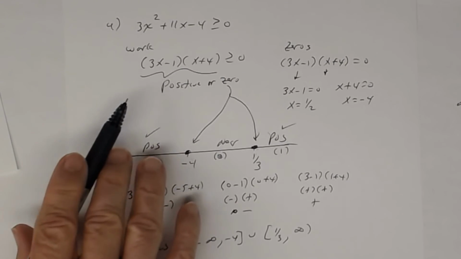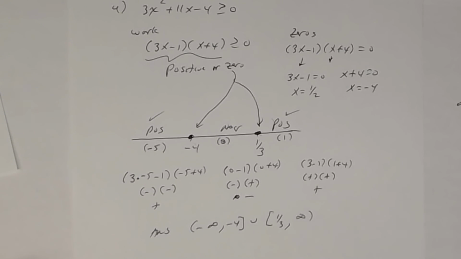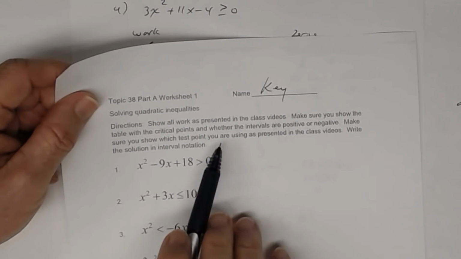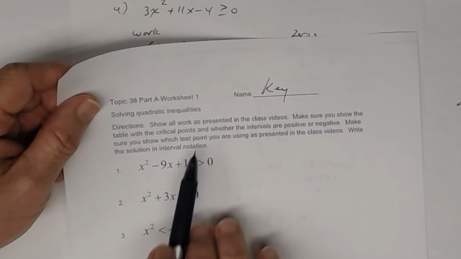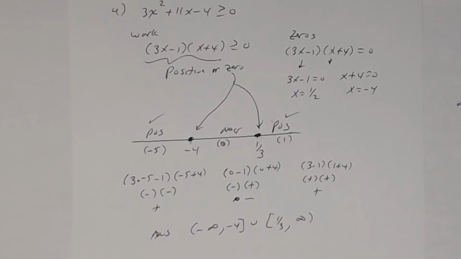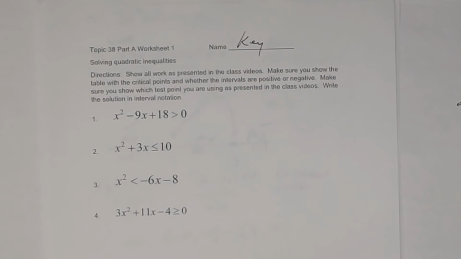And so that's the work. That's the work you had to show if you wanted full credit, because the directions said, and always follow directions, make sure you show the critical points and intervals, and which intervals are positive or negative. Okay? All right, so that is the key to this worksheet.